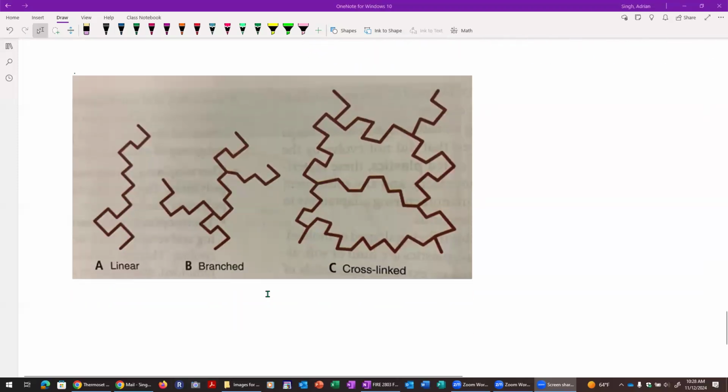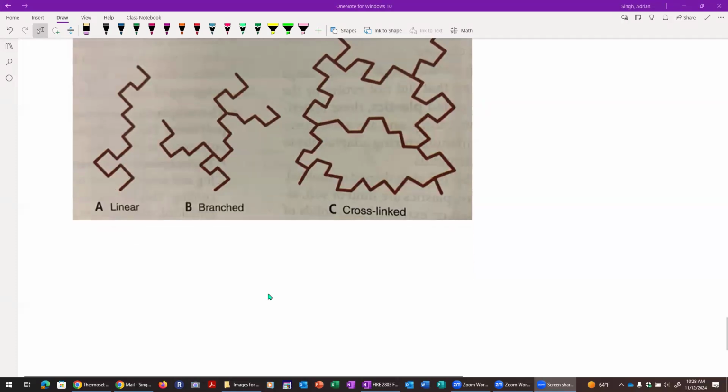All right, so here we have a depiction of the three types of categories so far. We have these linear polymers. If we were to highlight the chain here, it's in yellow, so it snakes around, but it's a continuous chain. Again, the backbone here is usually carbon atoms. And these linear chains can pack close together.